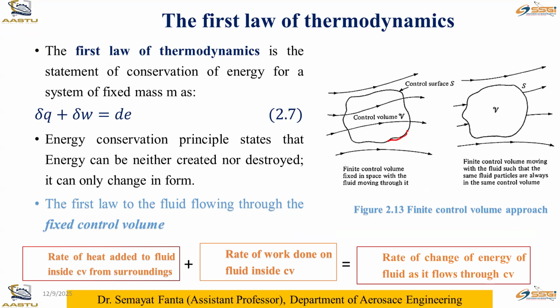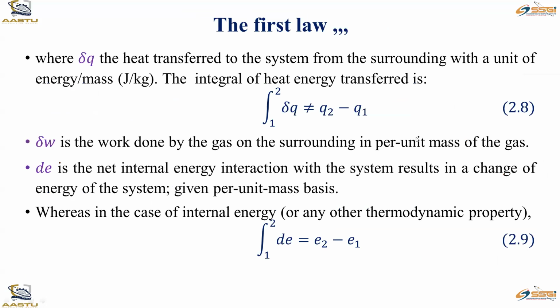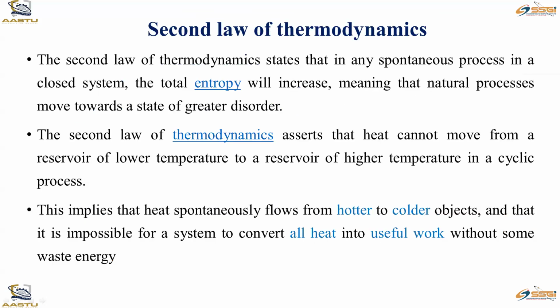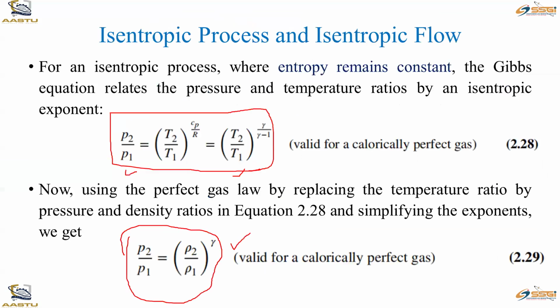This is ds. So ds is a control surface, and the velocity is always tangent to that control surface. The flow velocity is tangent. So that's why the normal component will come here.